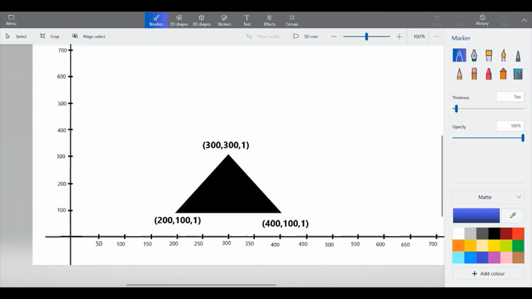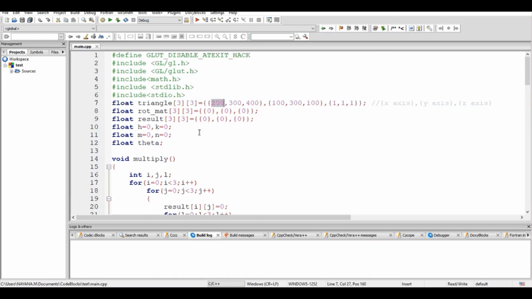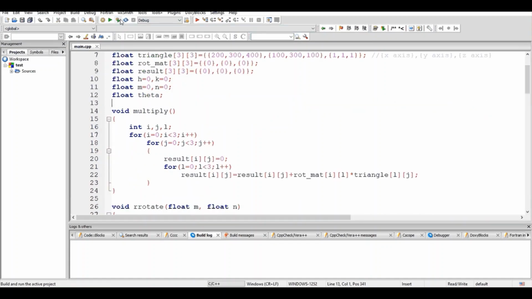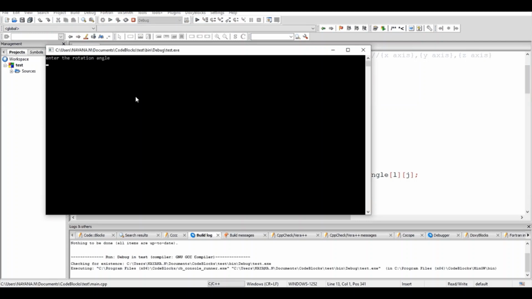Now let's quickly see the output of this program, and then we'll dwell into the code of this program in OpenGL. Now this is the program. As I already told you, it is asking me a rotation angle. I am giving it as 90. I'll give it as 200 and 100.